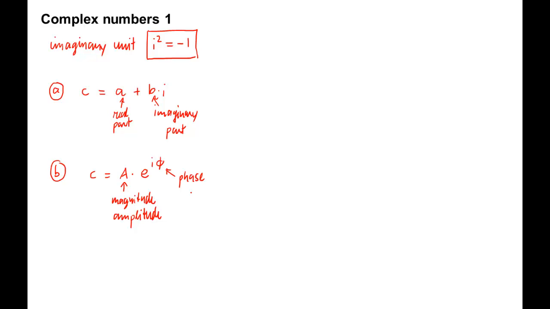Since complex numbers depend on two real numbers, they can be visualized in a two-dimensional plane. The horizontal axis represents the real part, and the vertical axis represents the imaginary part. The complex number is represented as a vector starting from the origin.